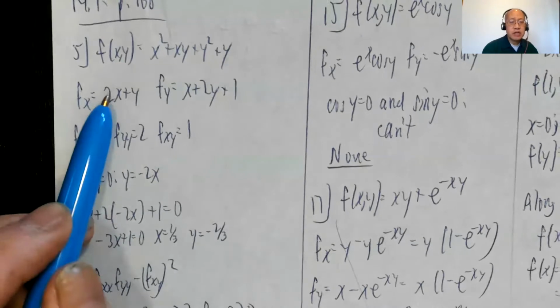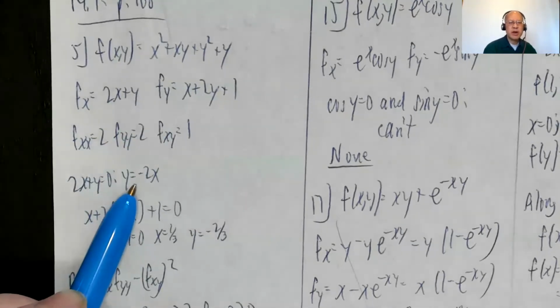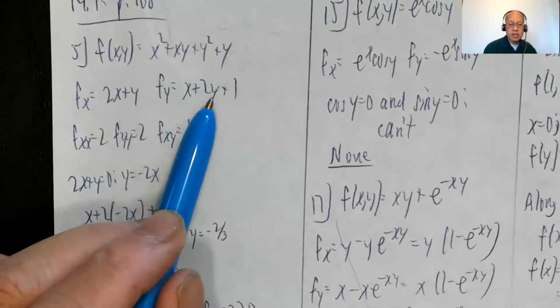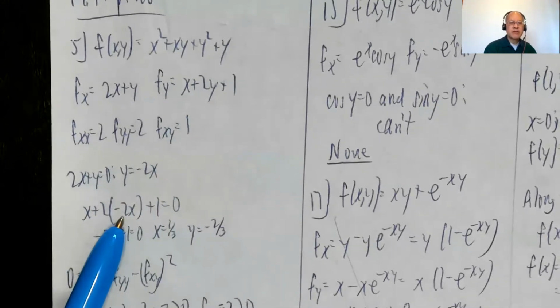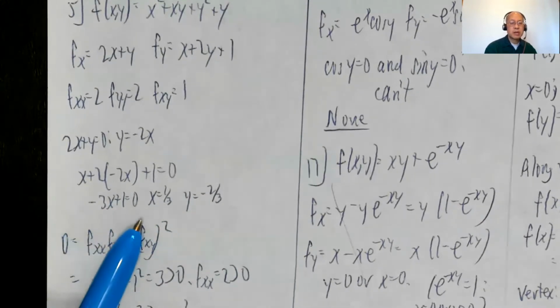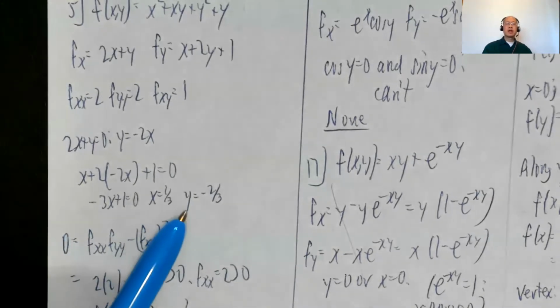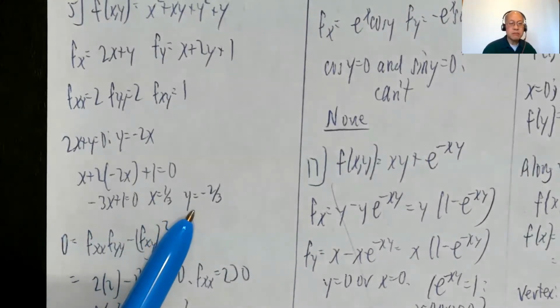Okay, so set fx equal to 0, fy equal to 0. So 2x plus y equals 0 means y equals negative 2x. So I put negative 2x right there. x plus 2 times negative 2x plus 1 equals 0. A little bit of simple algebra. So x comes out to be 1/3, y is negative 2/3. So the only critical point is (1/3, negative 2/3).